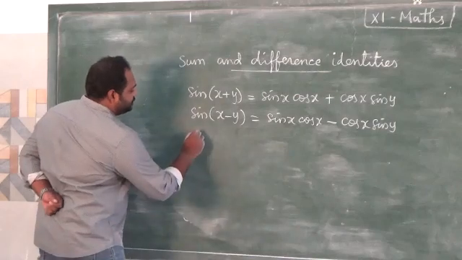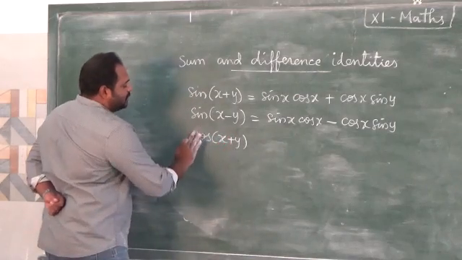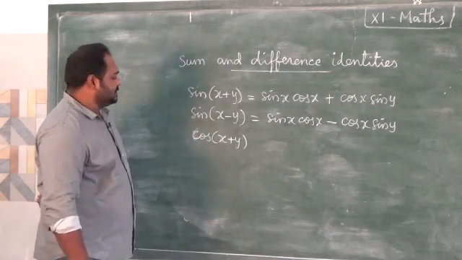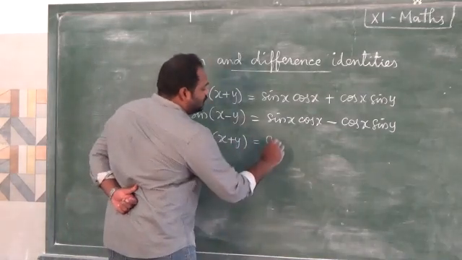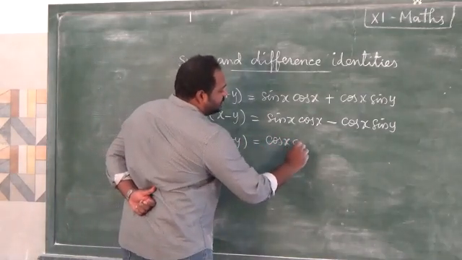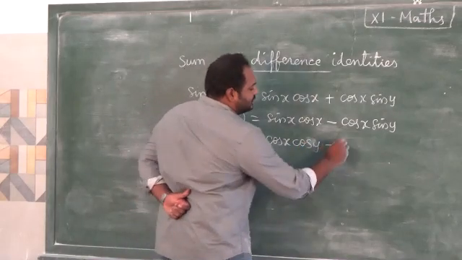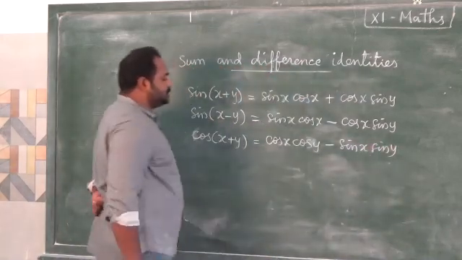Next, cos of, so applying some identities in this cos function, cos of x plus y equal to cos x cos y minus sin x sin y.